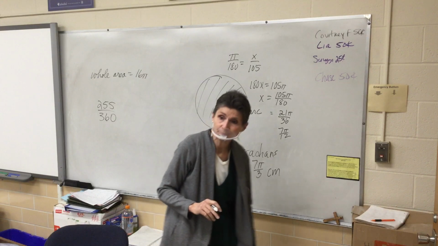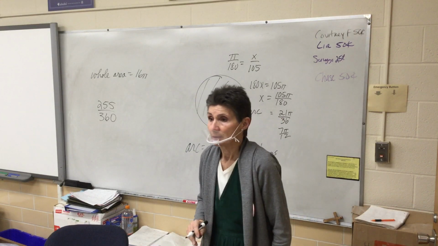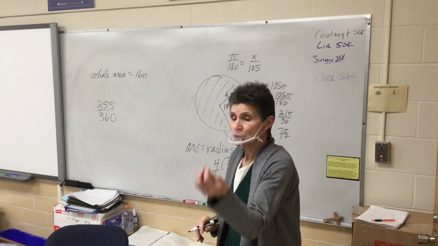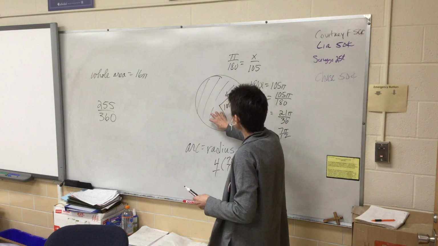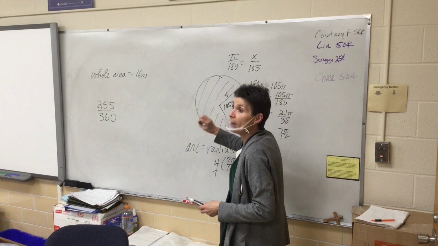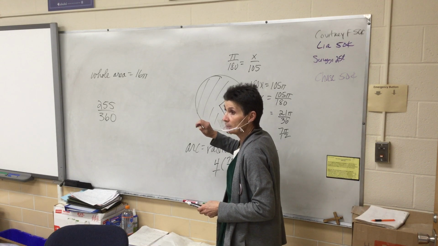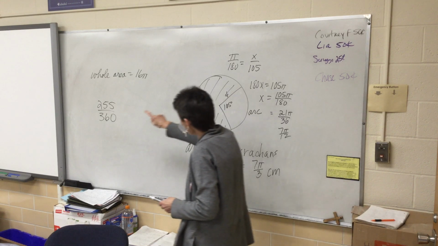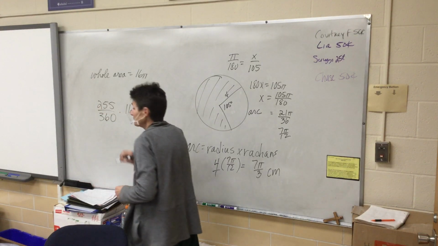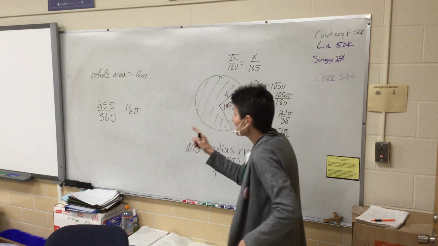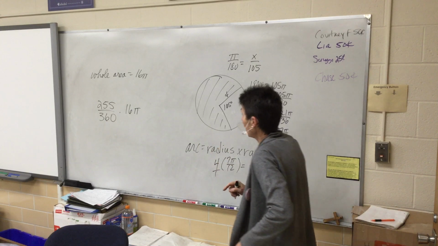Would you agree with that? So the fractional piece of the pie, if you are going to eat this, you're eating 255 of the 360. So we want that fraction of 16 pi.